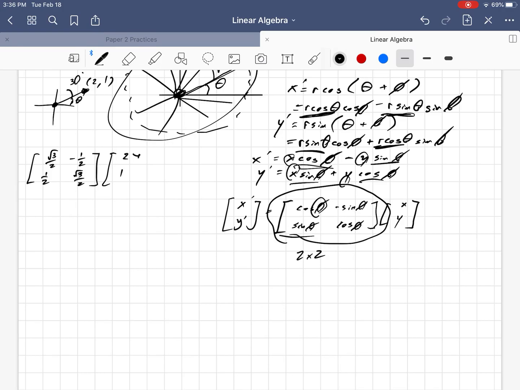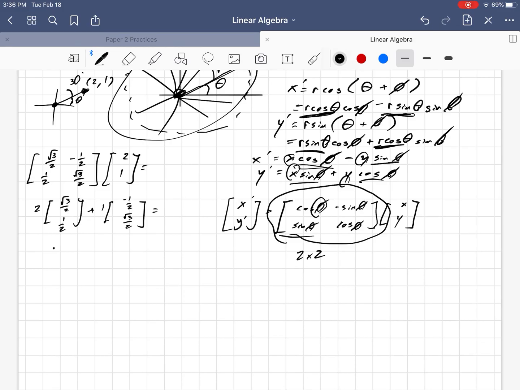times the vector 2, 1, and we would do that multiplication, so we would get 2 times root 3 over 2 and a half plus 1 times negative a half and root 3 over 2.